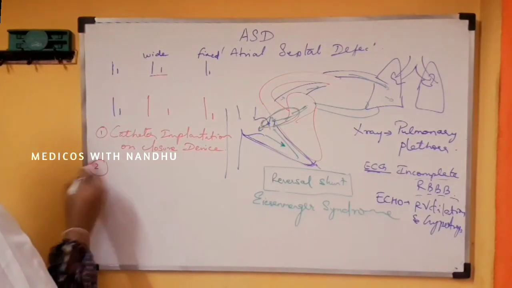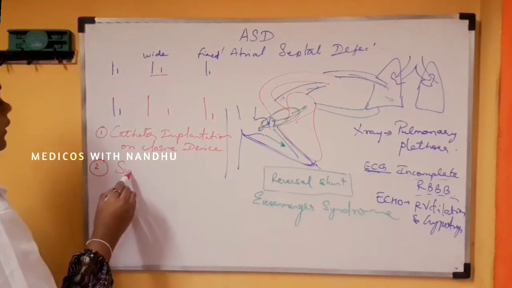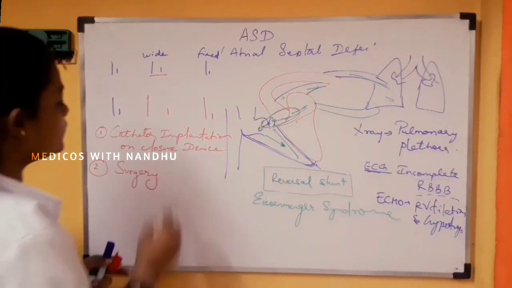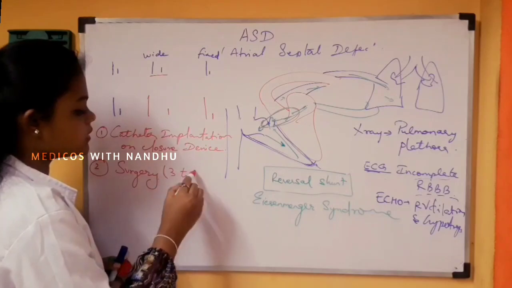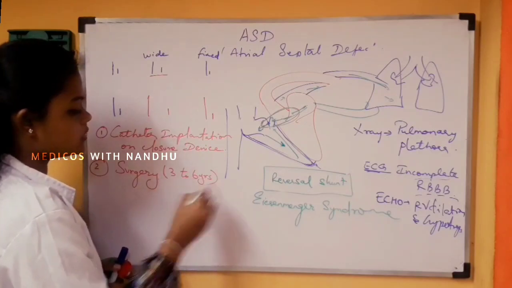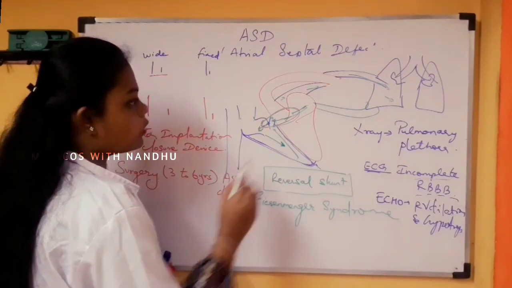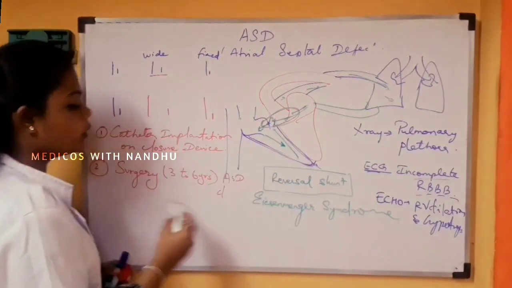And the second one is surgical, which we can do in children from 3 to 6 years. From 3 to 6 years, ASD closure can be done. We can close this shunt by doing surgery.